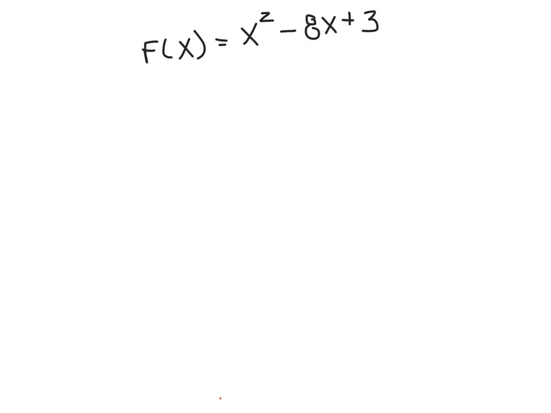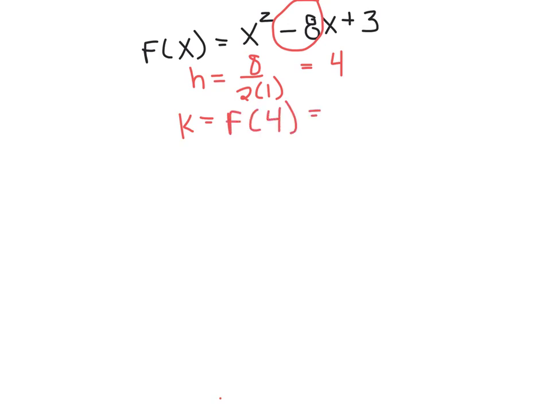So if I wanted to find the vertex here, I'm going to find my h coordinate first by doing opposite of b. So b here is negative 8. So the opposite of negative 8 is 8 divided by 2 times a. So that's going to be 4. And then to find k, I'm going to do f of 4.